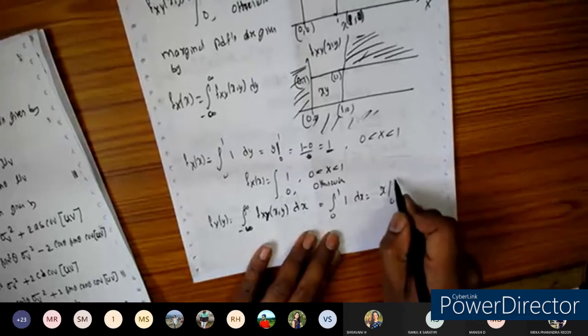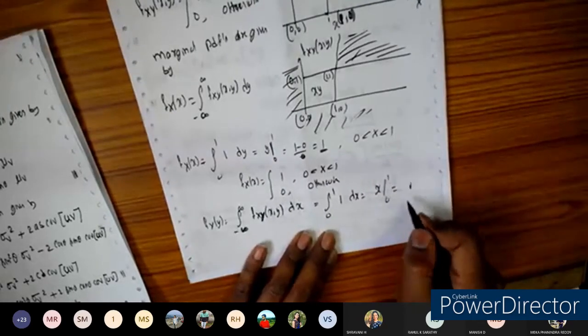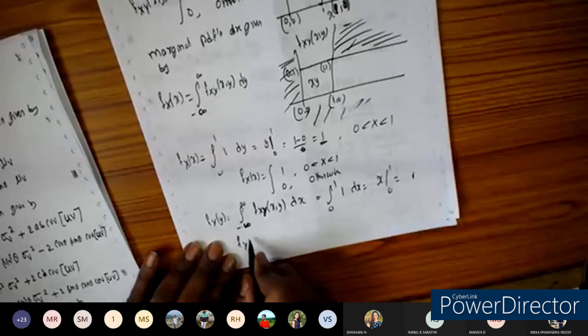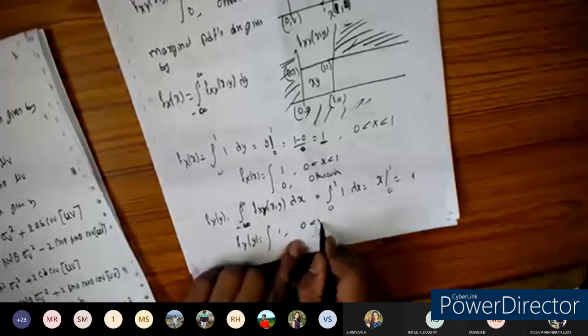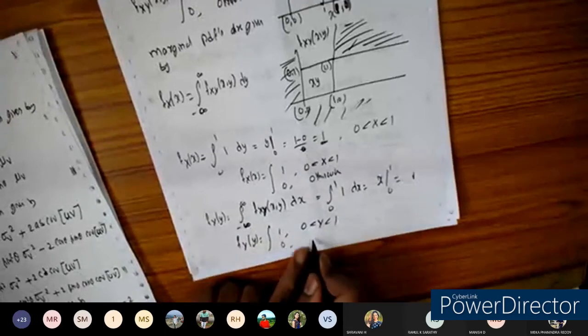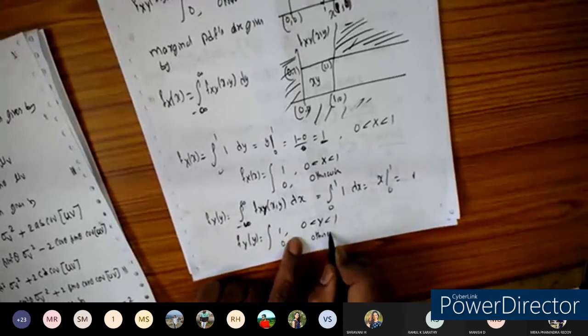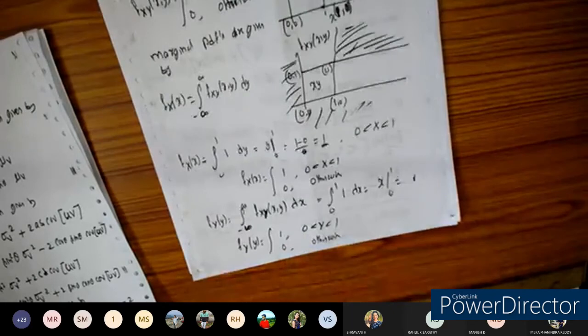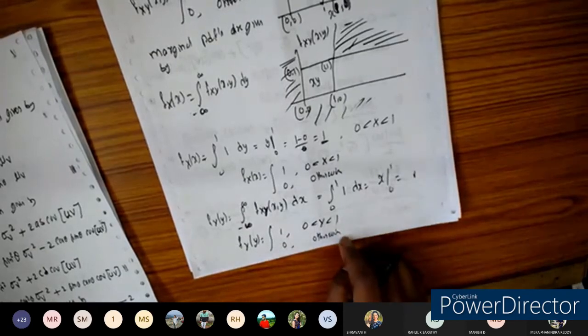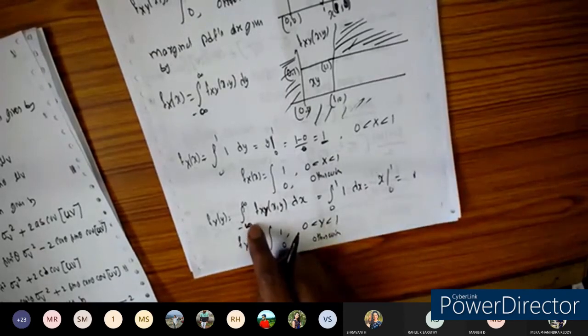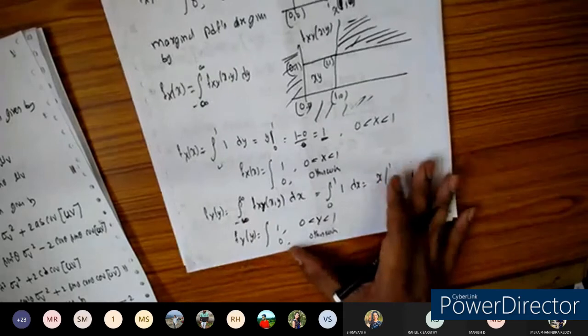The limit is from 0 to 1; substituting the limit, it becomes 1. So fy of y is equal to 1 for 0 less than y less than 1, and 0 otherwise. Like this we can find the marginal PDFs from the joint or bivariate PDF.